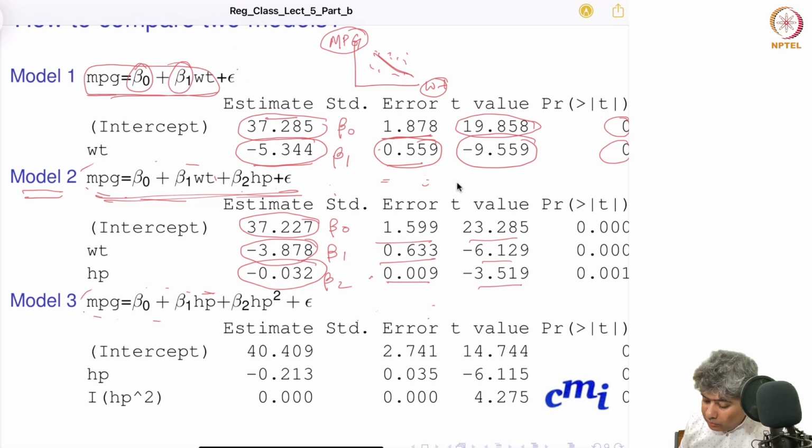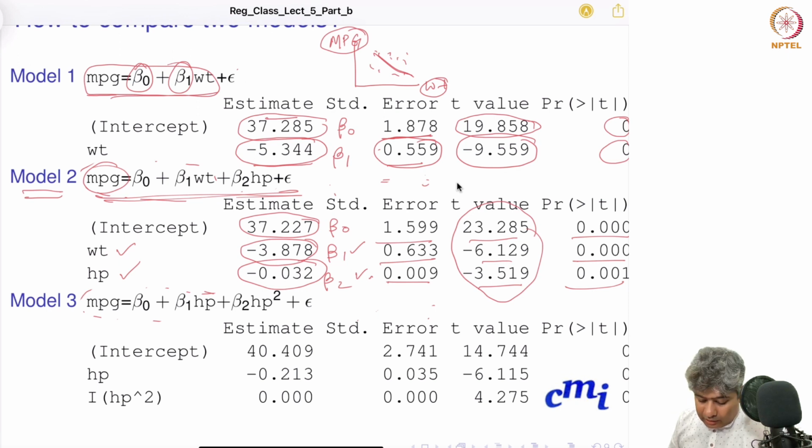And here also we see the p values are extremely small. The t values are in absolute sense quite large, far away from plus or minus 3 sigma. So all these parameters are non-zero for sure. We can say that these have a significant effect. So horsepower and weight do have a significant effect on miles per gallon.